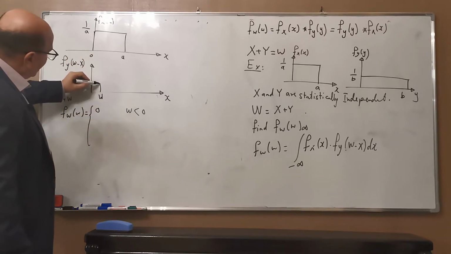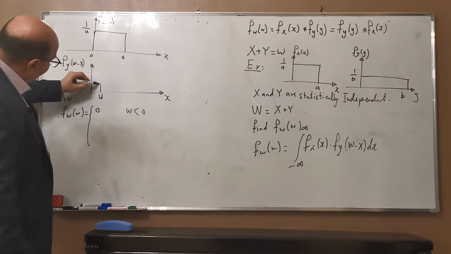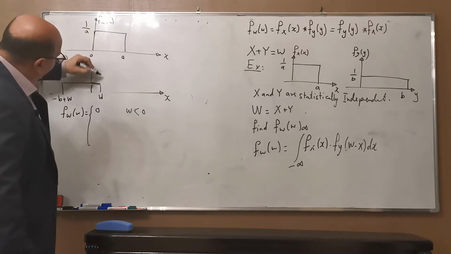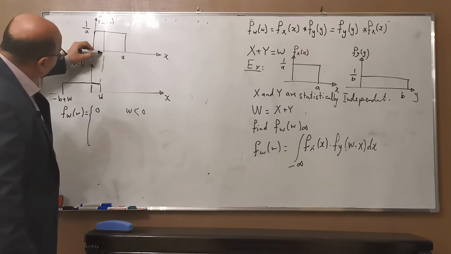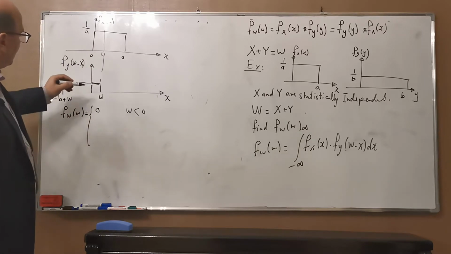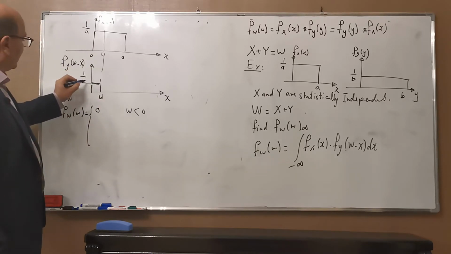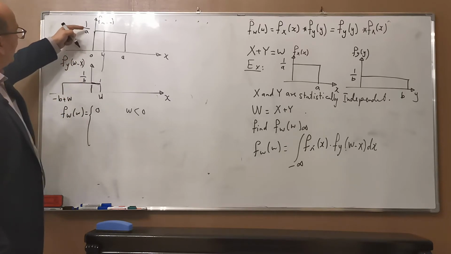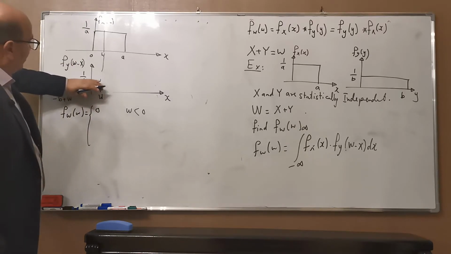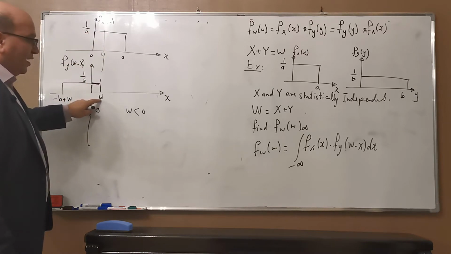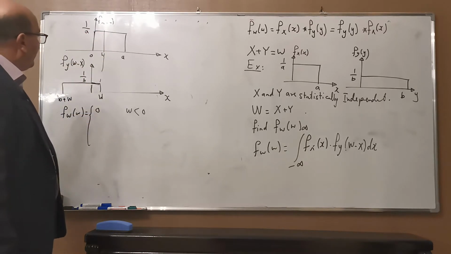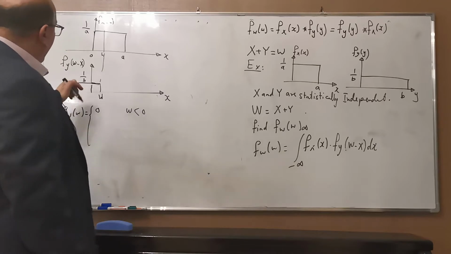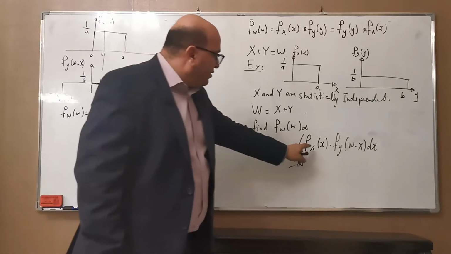Now you have an overlap of this area with this area up to here, up to w. So this area has an amplitude of 1 over b, this one 1 over a. So you do the multiplication and multiply it by the width. You end up with the area of the integration.